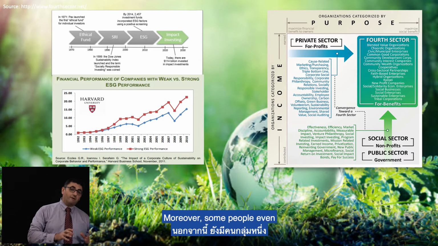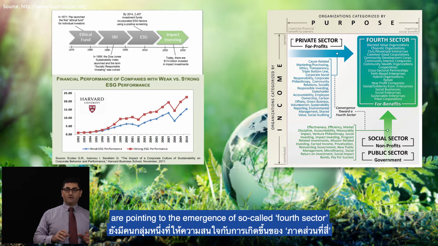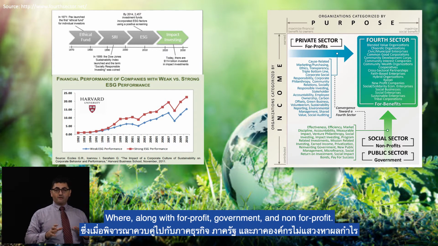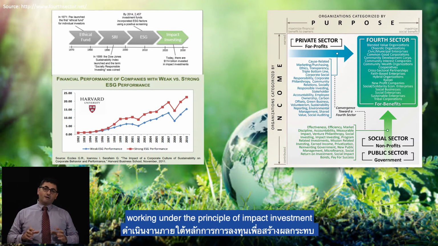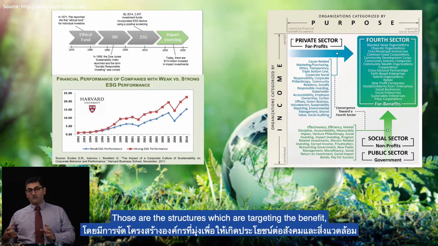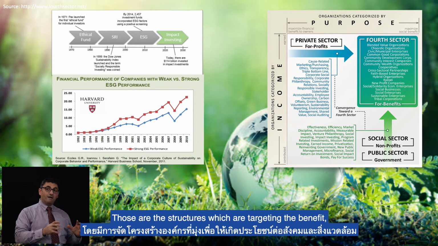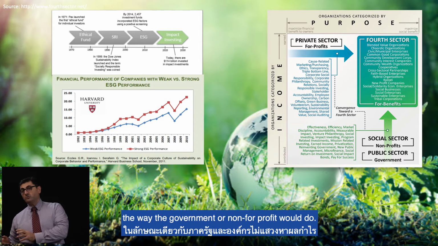Moreover, some people even point to the emergence of the so-called fourth sector, where, along with for-profits, government and non-profits, we speak about organizations working under the principles of impact investment or social entrepreneurship. Those are structures which target benefit the way the government or non-profits would do.